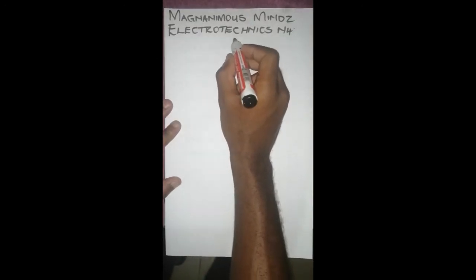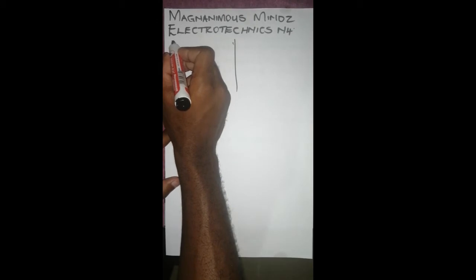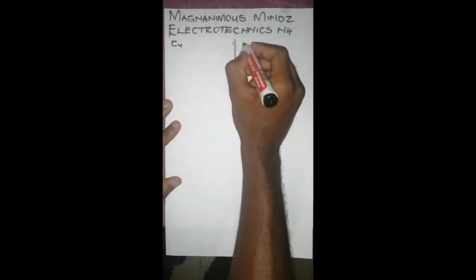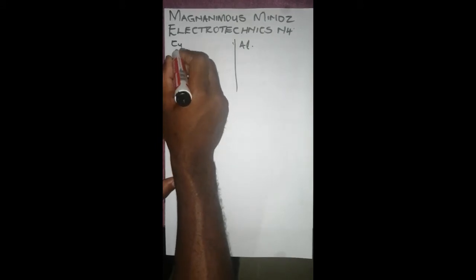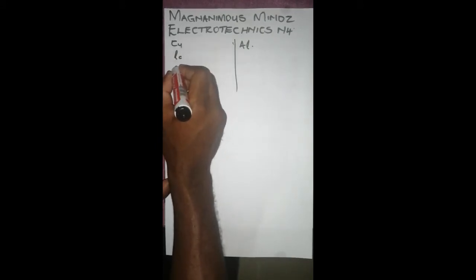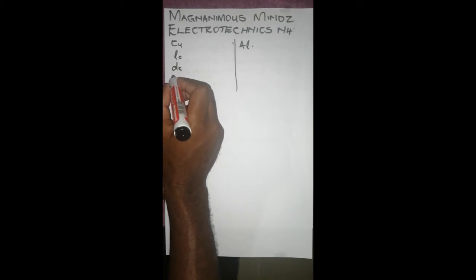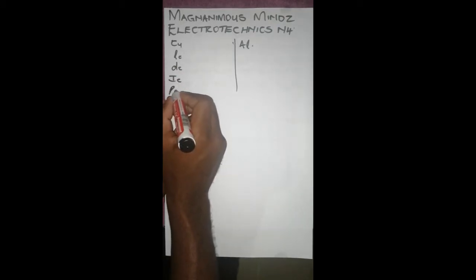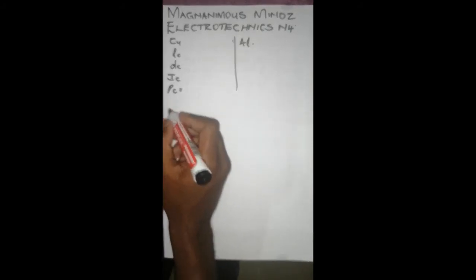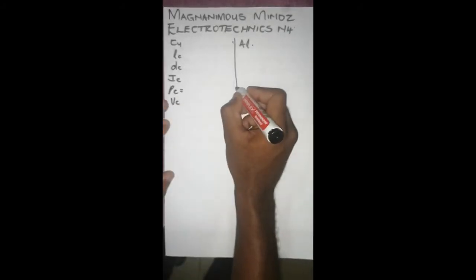To answer this question, we'll first write down what we are given. So there's copper and this aluminum. We've got the length LC, diameter DC, current IC, resistivity PC, voltage VC.